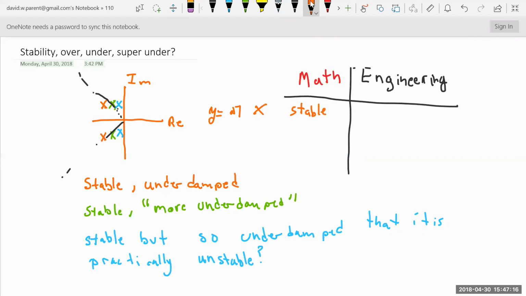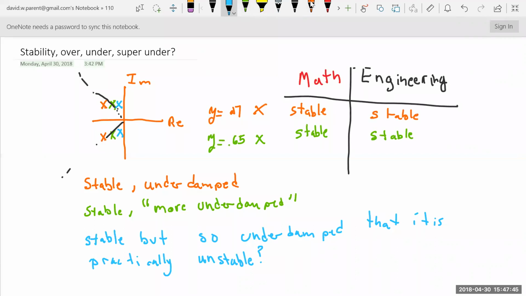Stable. Engineering would say stable. The green, zeta equals 0.65. Math would say stable. Engineering, yep, they would say stable, because a little bit of overshoot's okay, right?